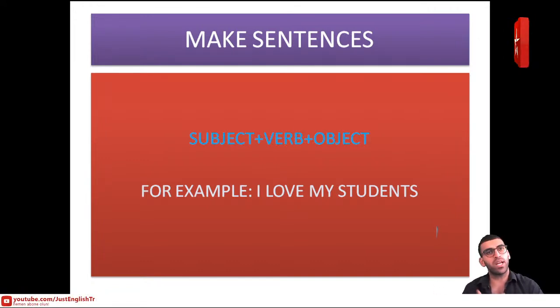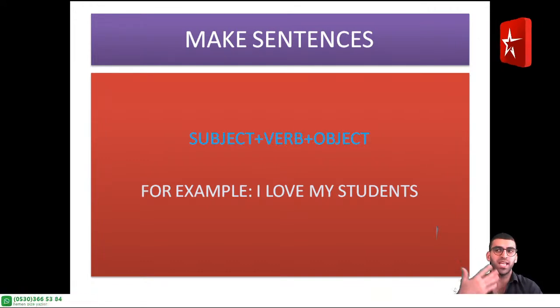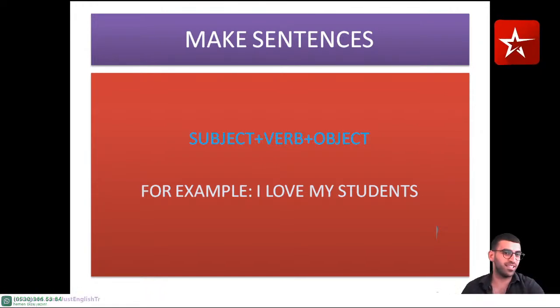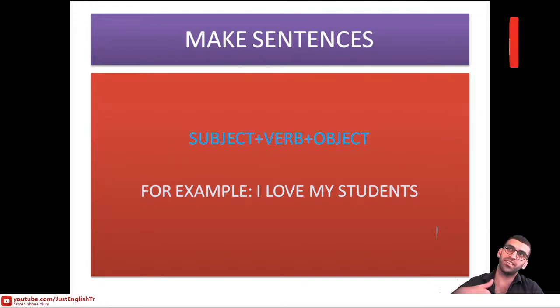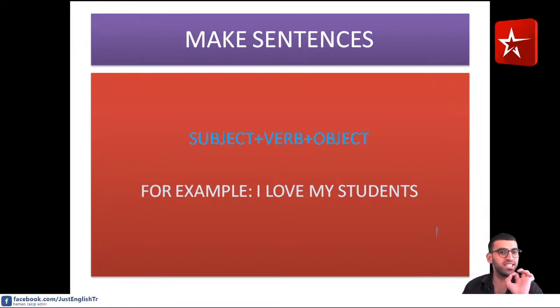And practice a lot, 100 times. You have to say it in front of the mirror. If you do it the way I am telling you, believe me, you will be at a higher level. At least your level will be intermediate.